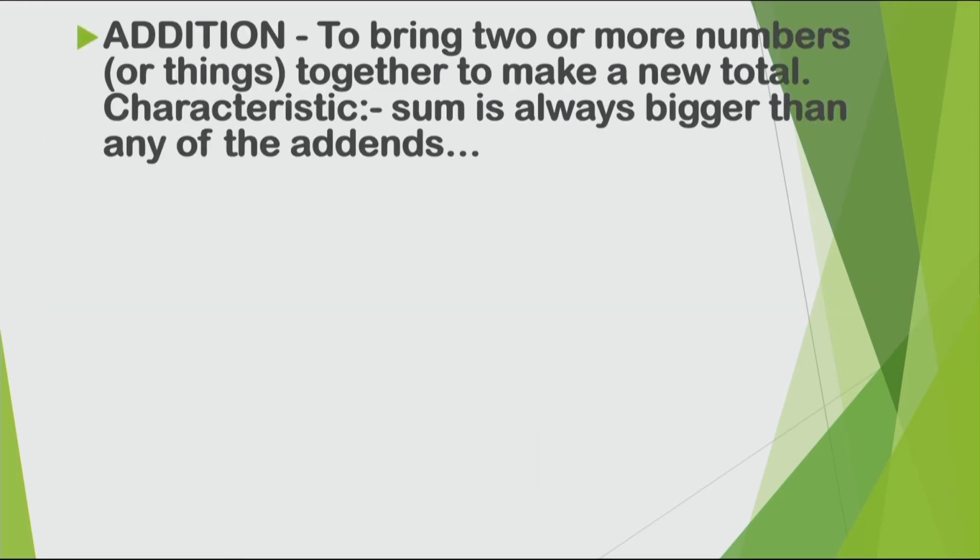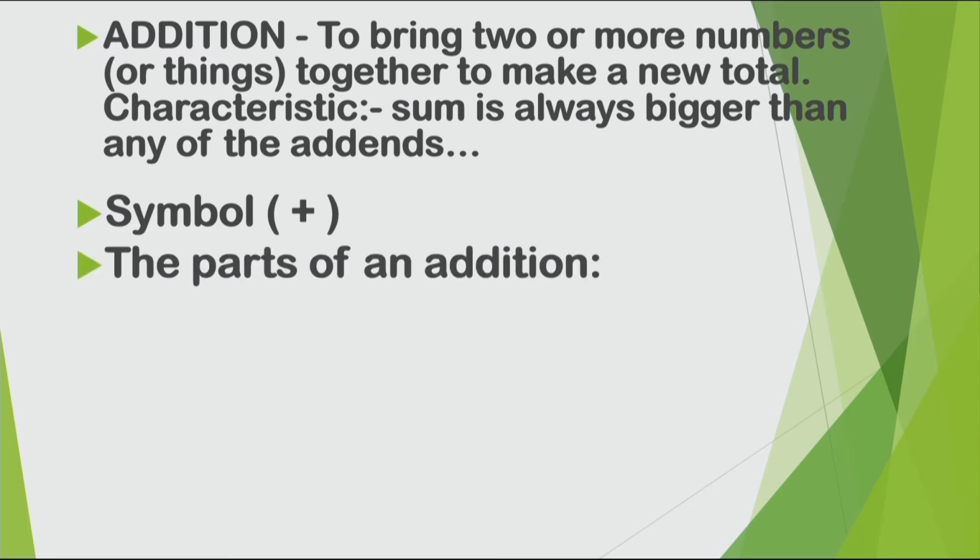So, what is addition? Or what is to add? It is to bring 2 or more numbers or things together to make a new total. The characteristic of an addition is the sum is always bigger than any of the addends. The symbol that we use is the one that you see on your screen. And the parts of an addition is as follows.